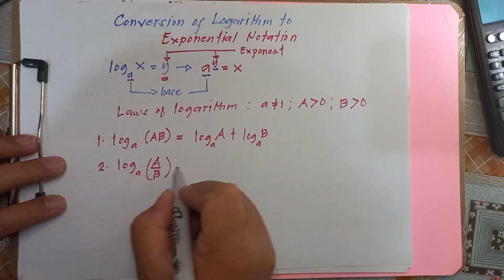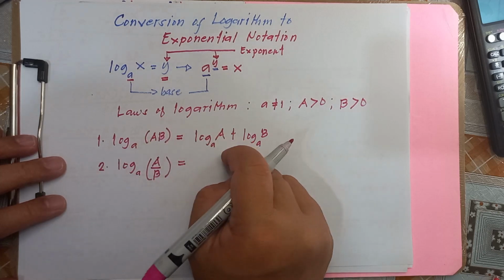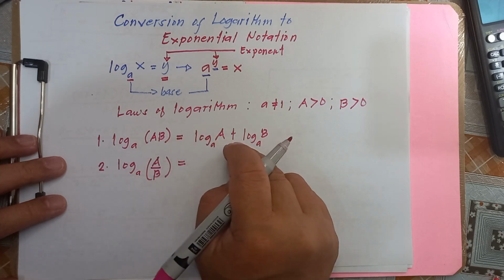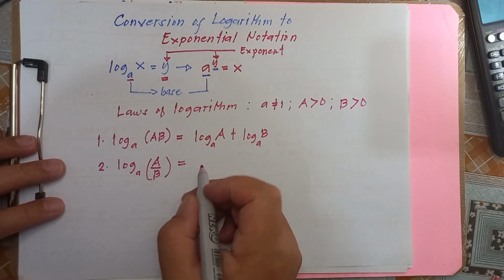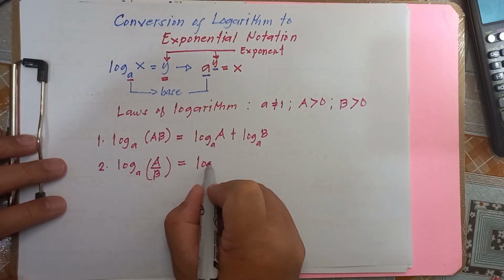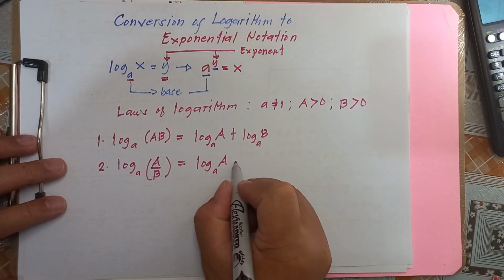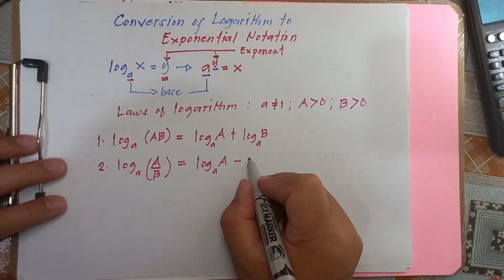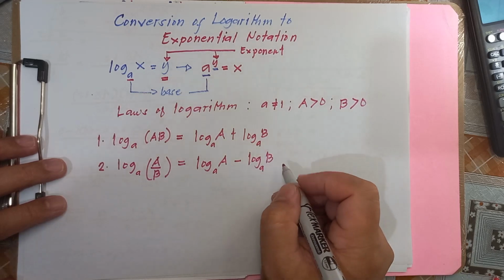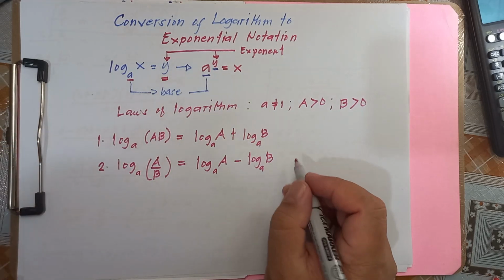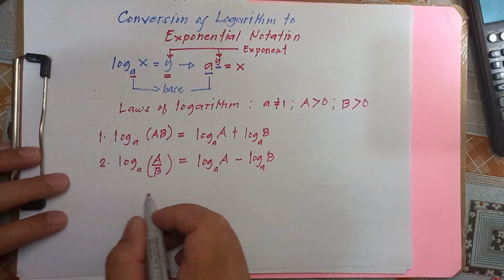If the product is converted into a summation, the quotient must be converted into a subtraction: log of A with the base a minus log of B with the base a. So we subtract.